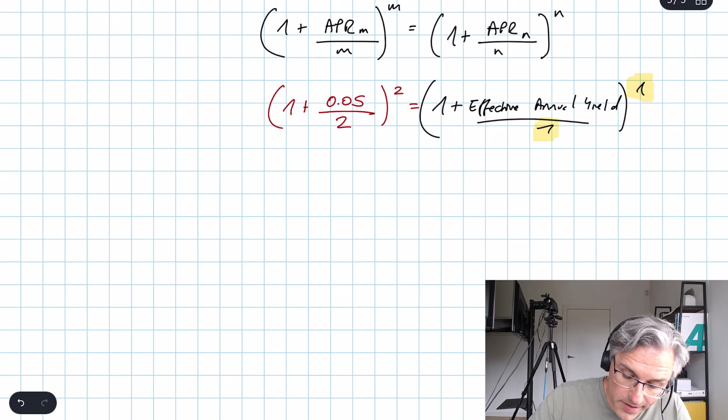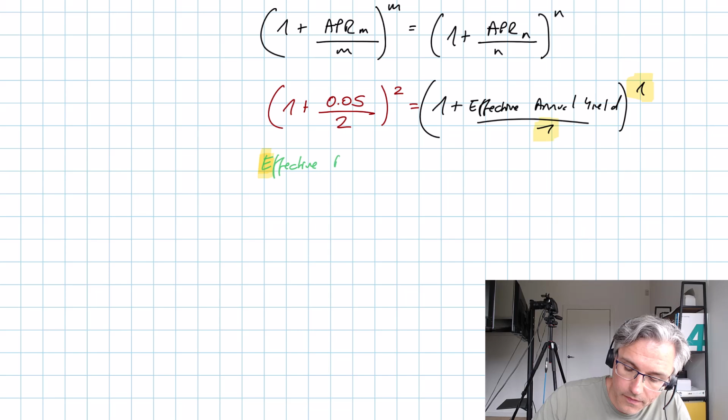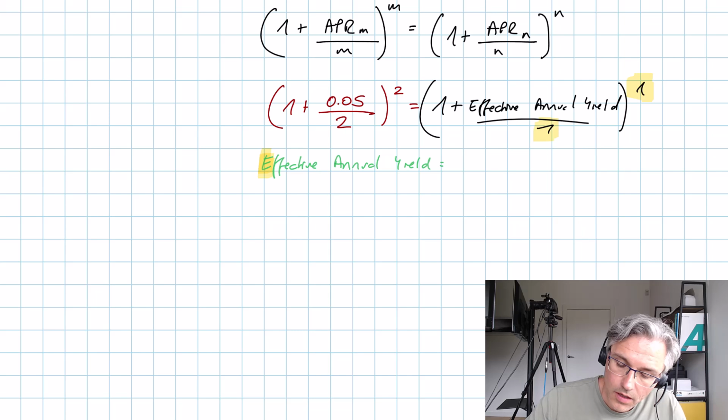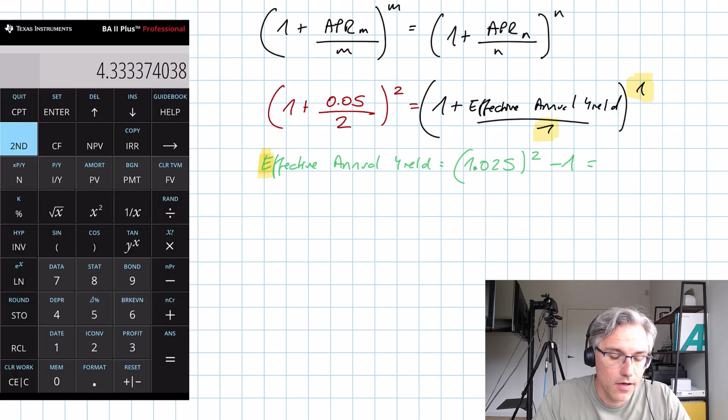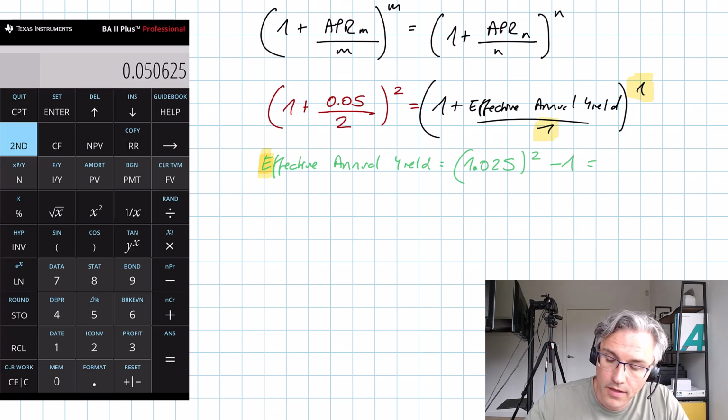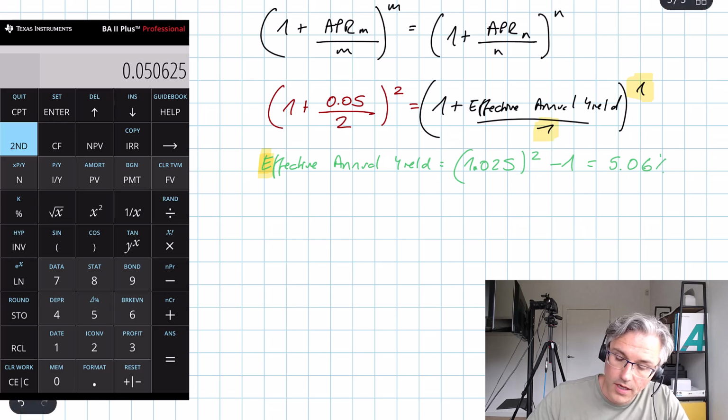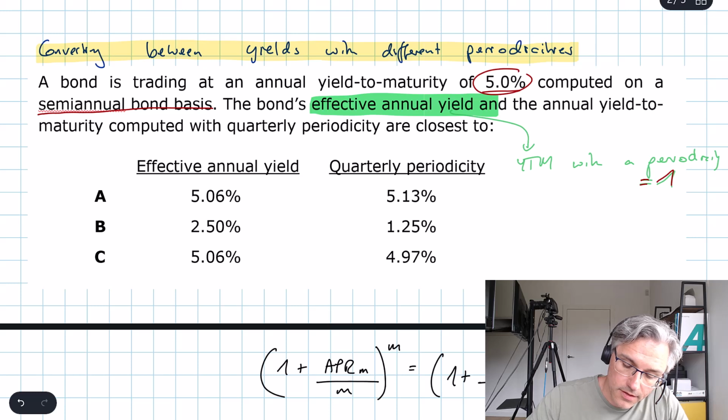So I can basically say that the effective annual yield equals 1.025, I've taken the 5% and divided by 2, to the power of 2, but minus 1. Let's see what that gives. 1.025 squared minus 1. Okay, that's 5.06%. Good. Nice. That's the correct answer.